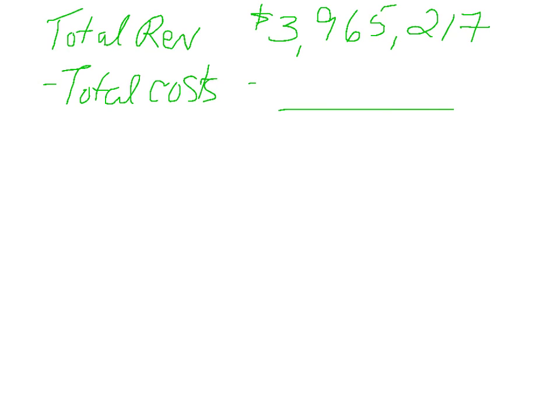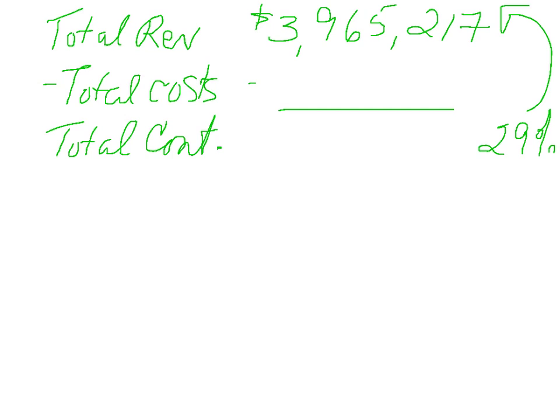When you take total costs away from total revenue, what you're left with is your total contribution. Well, we know that our margin percentage was 29%. So 29% of sales is 1,149,913.